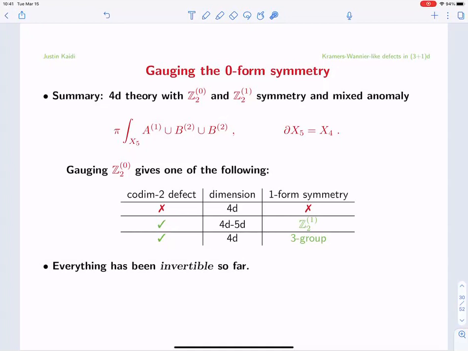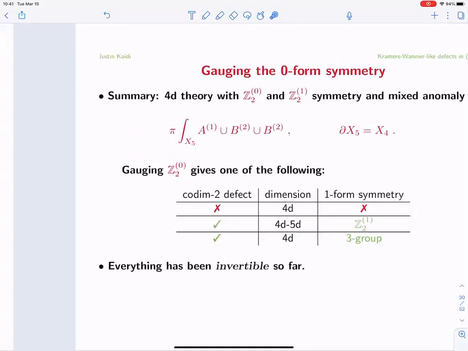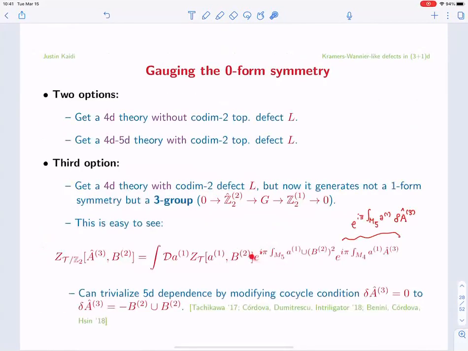In the second option, the 5D bulk is not an anomaly theory. Is it invertible? The 5D bulk is basically this. It was the anomaly inflow action, which was invertible, but then I've gauged the A1.